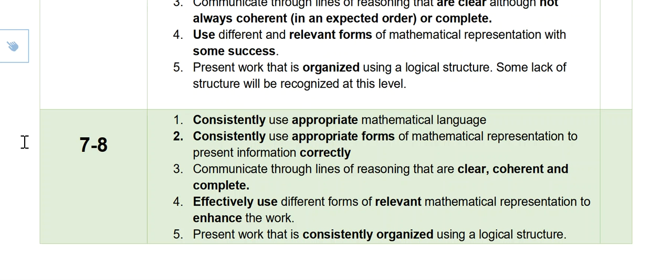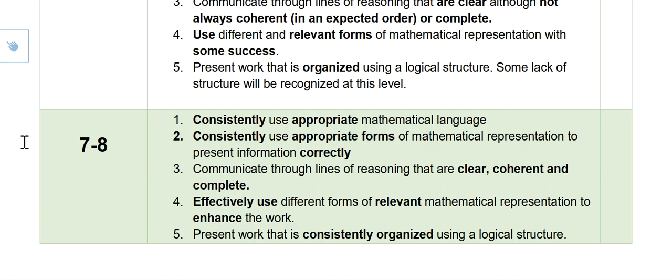H for y, because h is height, s for x, because s is stride length. So we shouldn't be leaving it as y equals mx plus c. Or, if you're happy with x and y, somewhere you must define x is stride length. That's a way to get over it.